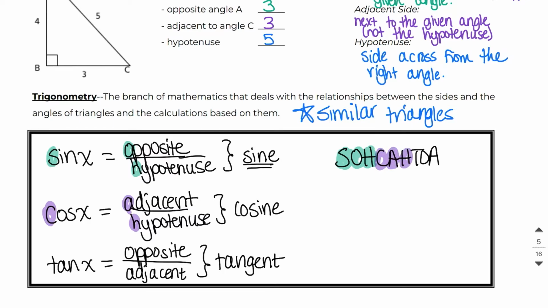And then tangent is opposite over adjacent. I personally prefer to write it out like this so I can see the actual ratios. So I like to write SOH, CAH, and then TOA, just like that.